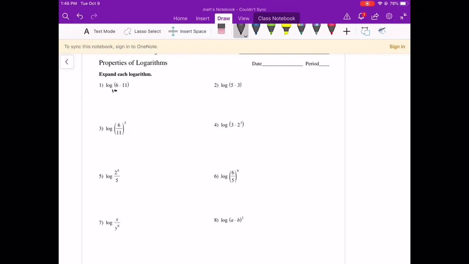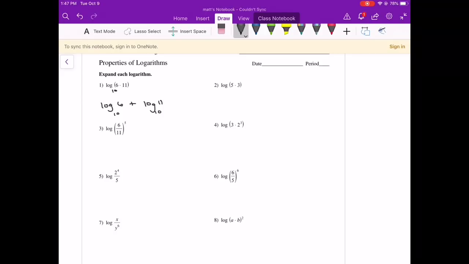Your calculator does log base 10, so we really like log base 10 because we can use that calculator to help us out. So this is the same thing as the log of 6 plus the log of 11, keeping in mind this is log base 10. All right, so the product is the sum of the two individual parts.